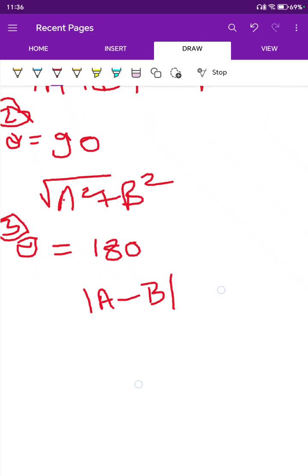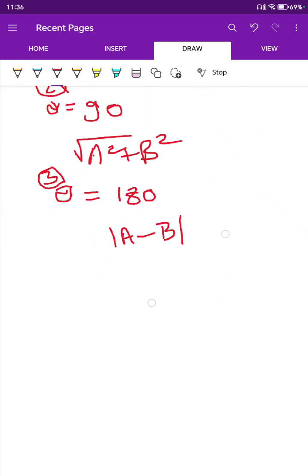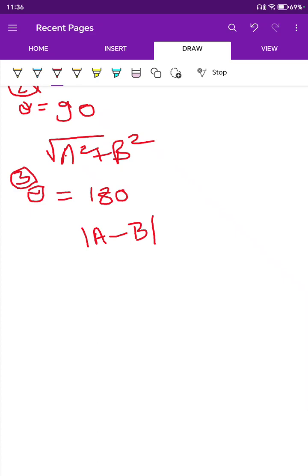So these are some general cases, and always remember that whenever we take the angle between vectors, we take it from the head of the first vector to the tail of the second vector, and we always take this as theta or whatever angle it is.